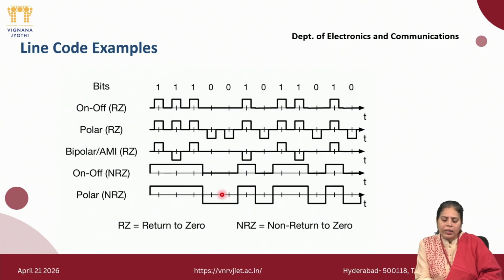So whenever we are transmitting 1, we are transmitting a pulse that remains at high for its entire duration, and for 0, we transmit using the negative value, which remains at negative value for the entire duration of the pulse. So these are the different line code schemes that we use to transmit the digital signal in its very form, which we call baseband transmission.